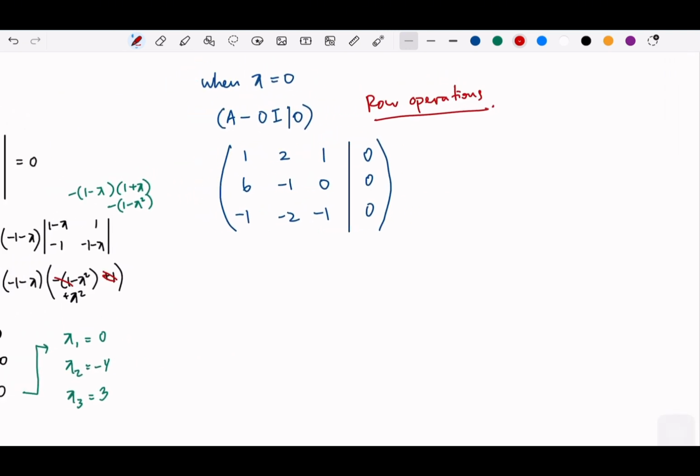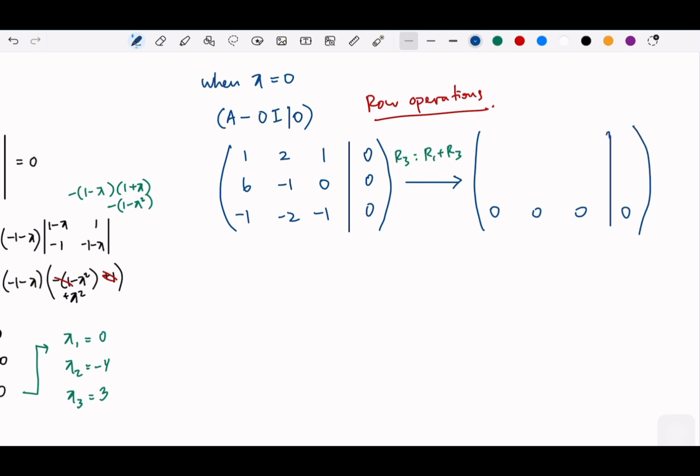Okay, so basically, we can take this and since we can add, let's say R3 will be R1 plus R3, which is going to be 0, 0, 0. So we can write that. So 0, 0, 0. And this is also 0.